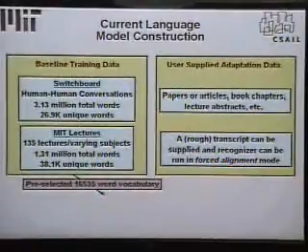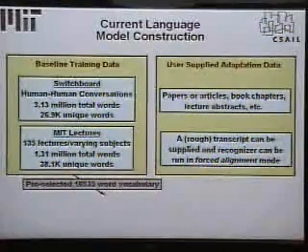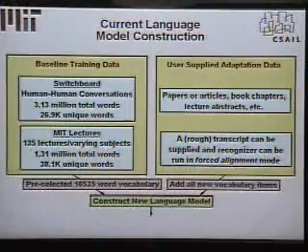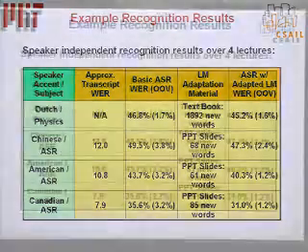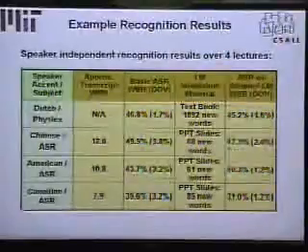I haven't really experimented with going much larger than this at the moment. We add all the new vocabulary items that we find, construct a new language model with some very basic adaptation. And this is some sample recognition results that we can get with completely speaker-independent recognition.